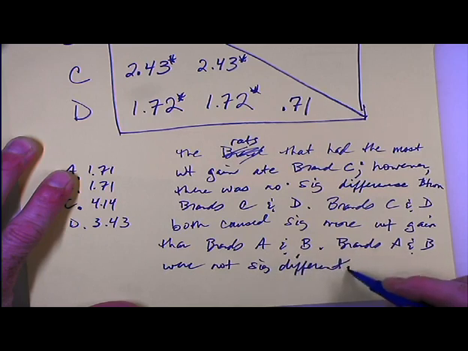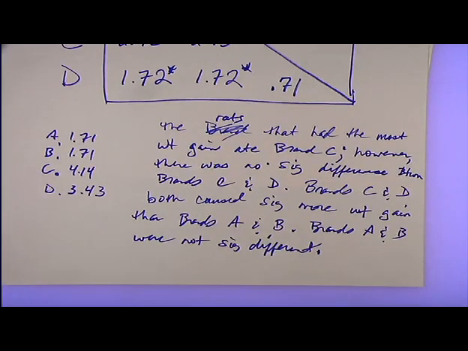Okay. So in the end, I would say as long as there's no price difference between C and D, I'd buy C. But if there's a big price difference, there's no significant difference between C and D, so I'd probably just buy whatever the cheapest is.